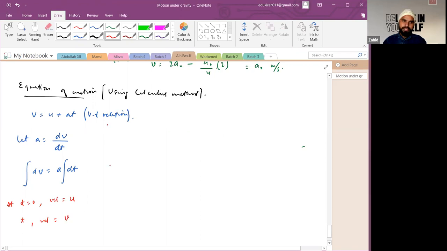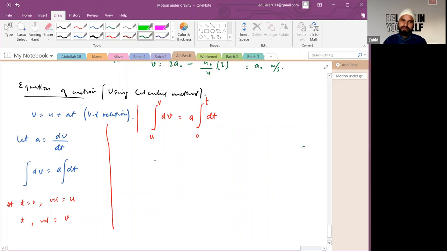Now on putting these terms in this part, you will get integration of dv from u to v is equals to a, being constant, take it outside as coefficient, integration dt from 0 to t.